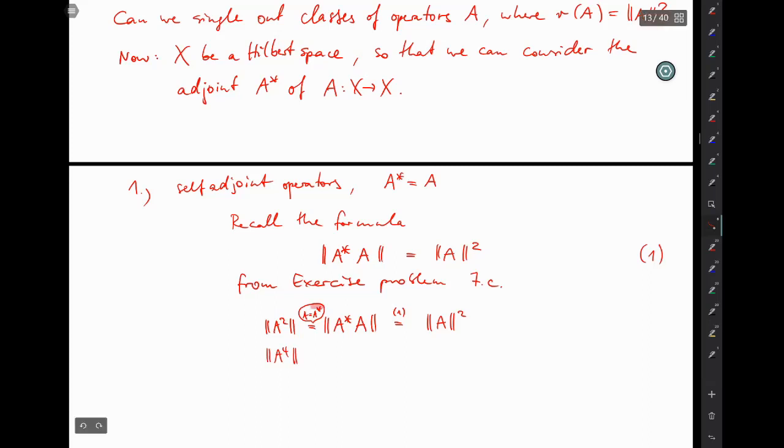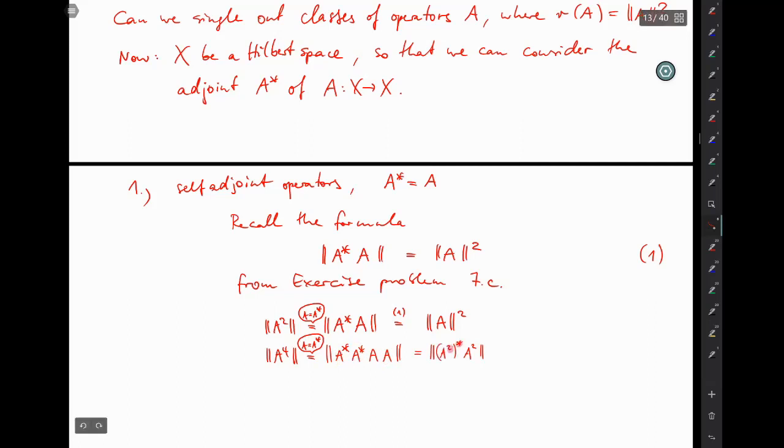And now let's play again with self-adjointness. And let me write down A to the power 4, but for these two of the factors I write A star instead of A, because it's the same. Okay, now this here is just A squared, and this here is just A star squared, but we could also say A squared and then star.